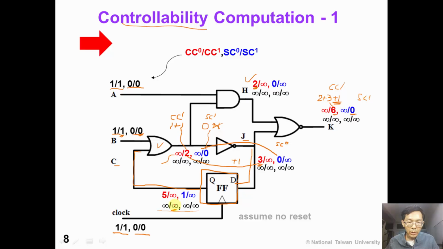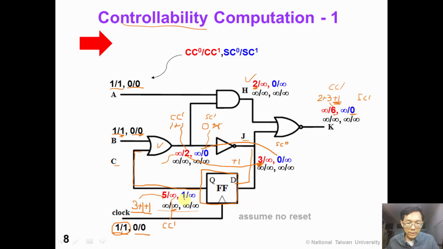We can also compute the CC0 of flip-flop output Q, which is 5. This is because CC0 of J is 3, and the CC0 and the CC1 of clock are both 1. So 3 plus 1 plus 1 equals 5. But CC1 of flip-flop output is still infinity.